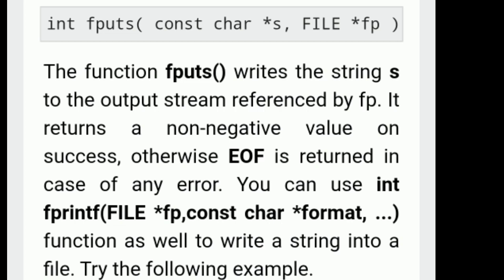It returns a non-negative value on success, otherwise EOF is returned in any case of an error. You can use the int fprintf(FILE *fp, const char *format, ...) function as well to write a string into a file.